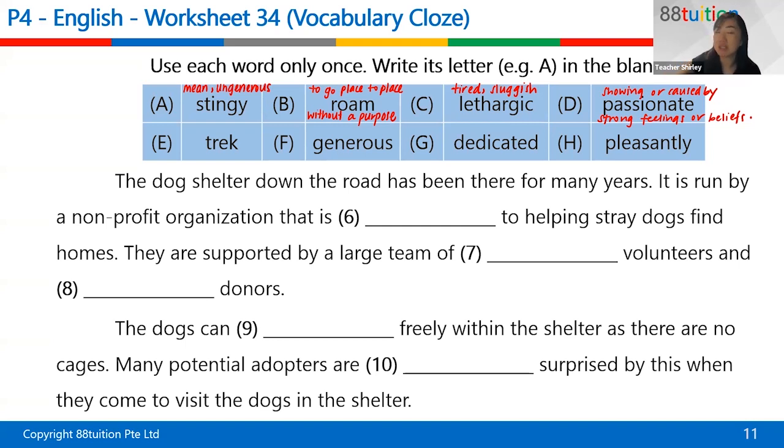So when you're trekking, it's basically you go on a very long journey, especially one made on foot, okay? It's a long journey, especially one that is made on foot. So you're trekking, right?